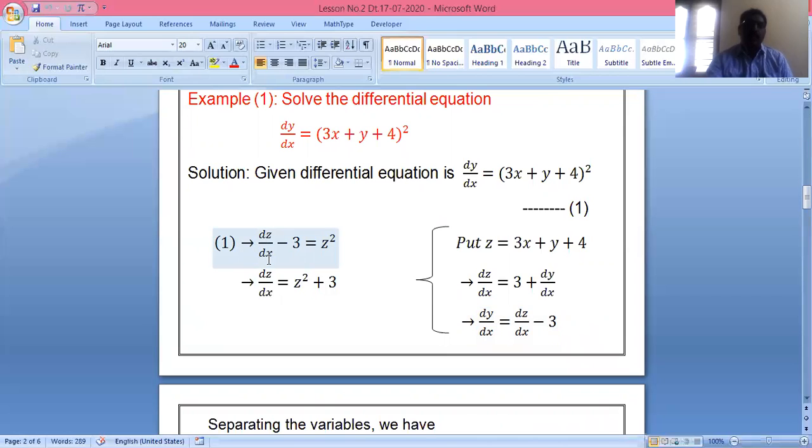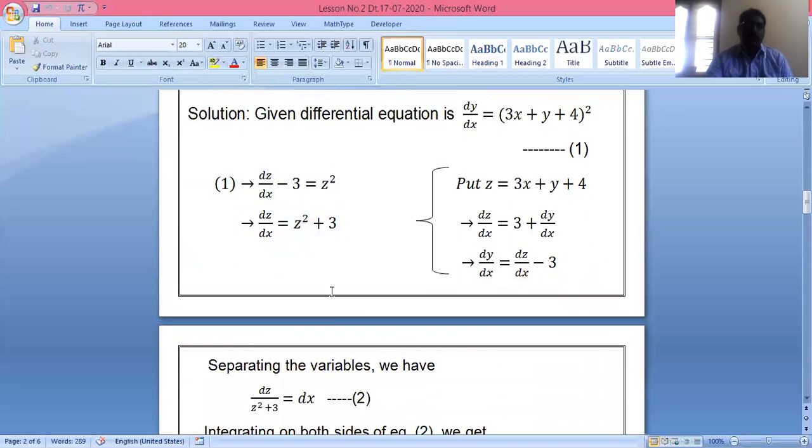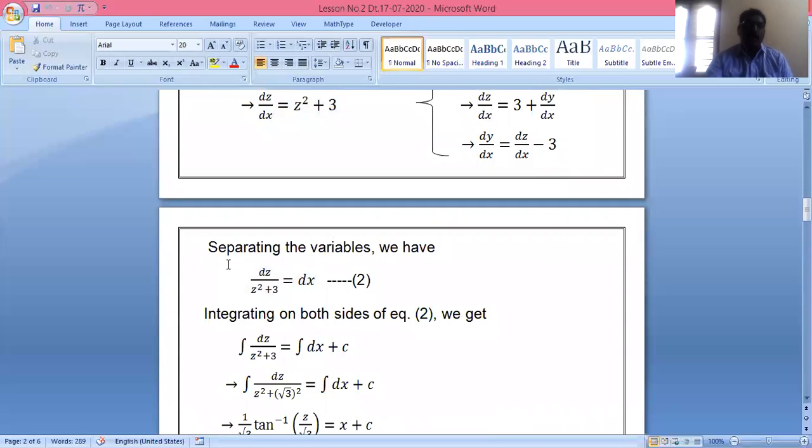Then equation 1 becomes dz by dx minus 3 is equal to z square. That implies dz by dx is equal to z square plus 3. Separating the variables, we have dz by z square plus 3 is equal to dx. Let this equation be 2.